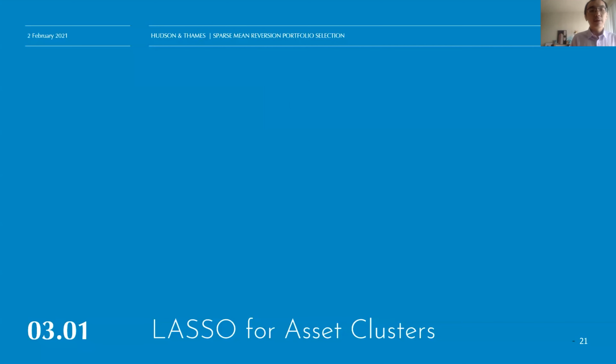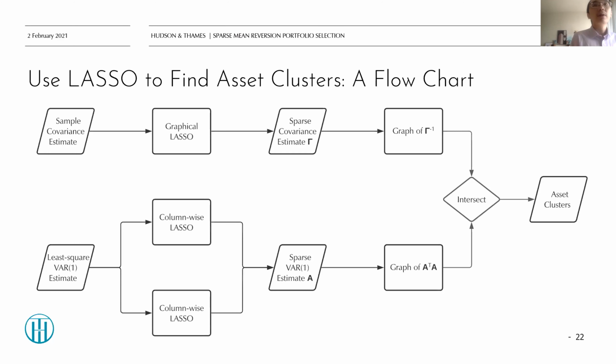All right. So first, we're going to talk about how to use lasso to narrow down the investing universe. So here is a flowchart of how you can use lasso to find asset clusters. So basically, there are two angles or two lenses you can view the conditional dependence structure in the underlying assets. So the first one is the sample covariance estimate.